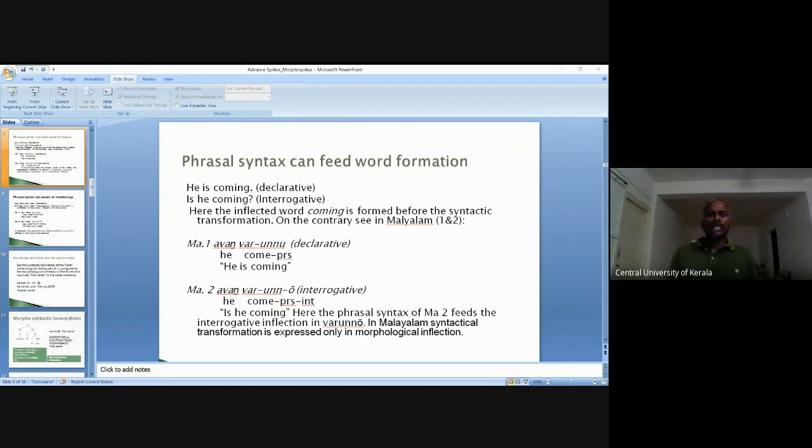Therefore, morphosyntax is the scope. In all the descriptive grammars we have developed earlier, if you look at any of them, you see chapters like phonology, morphology, and syntax. That's all. I have never seen a chapter that deals with morphosyntax in any descriptive grammar in India.